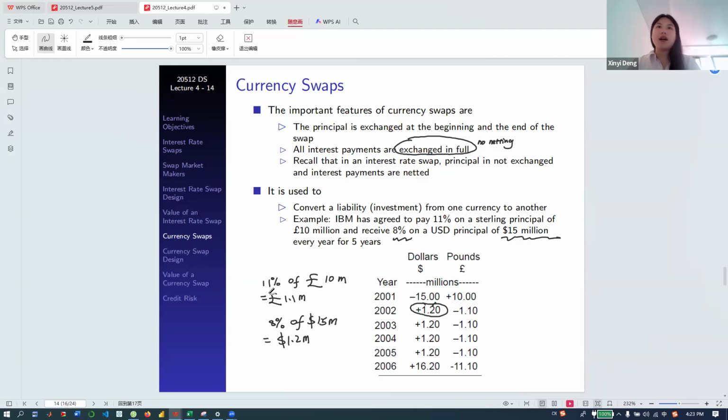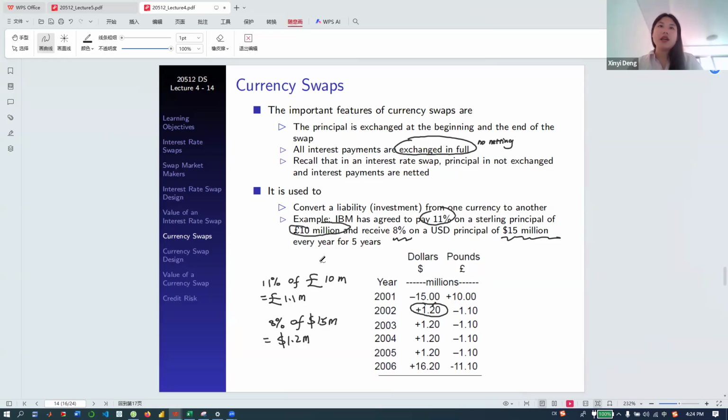And then for the pound payment, because IBM agreed to paying out the sterling, that's 11%. And also don't forget that the principal amount is 10 million pounds.